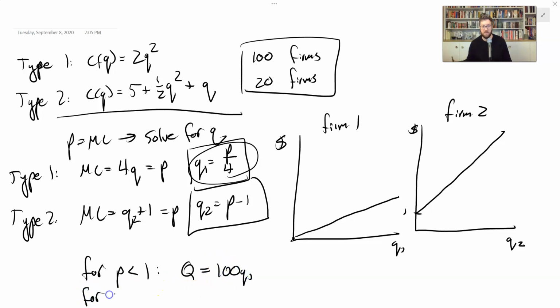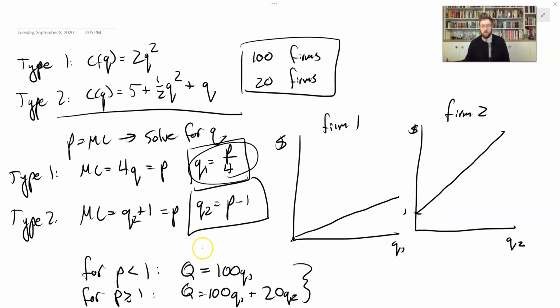And for P greater than or equal to 1, Q is equal to 100 times Q1 as before. But now we add in the contribution of these other firms who only turn on once the price hits 1. And so we end up with a funny function.